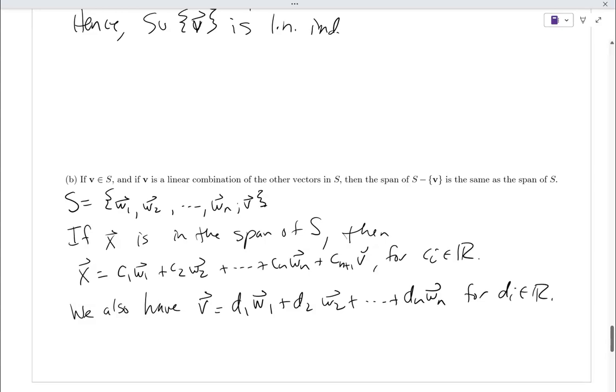The idea here is that the statement says that we don't need V to generate the X. Right? It says that we can throw out the V and still be able to generate all of the same vectors that we could have to start with. What do we need to do to throw out the V now?